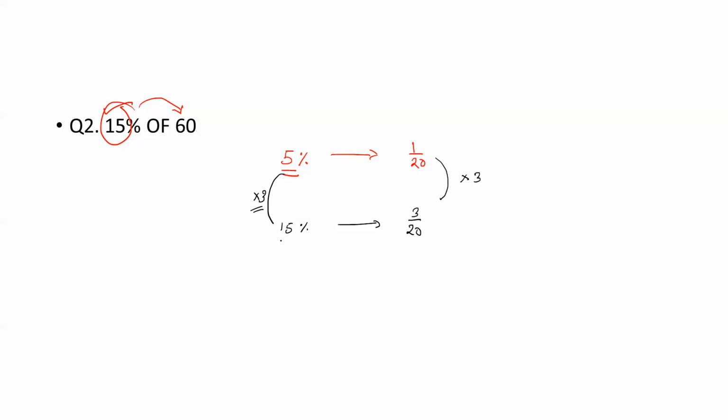So the fraction value of 15% is nothing but 3 by 20. So you have to calculate 15% of 60. So 3 upon 20 into 60. Again, zero cancels zero, 2 ones are 2, 2 threes are 6. So it will be 9. Clear? Yes or no?